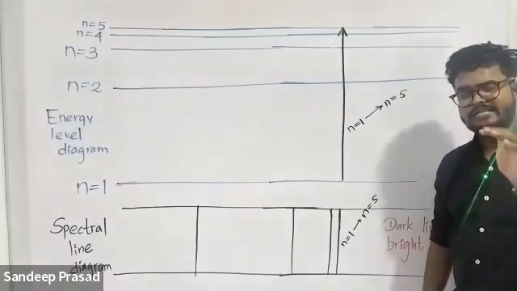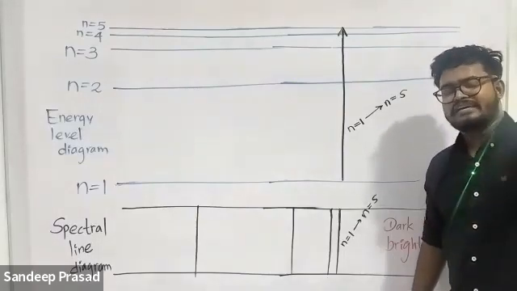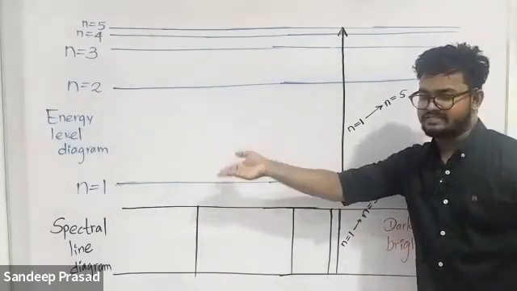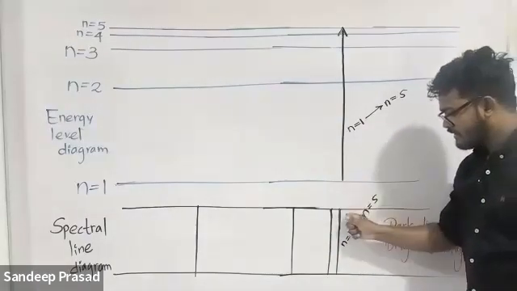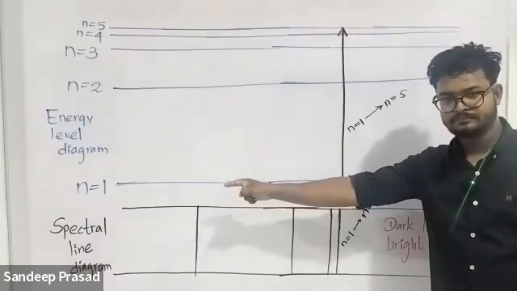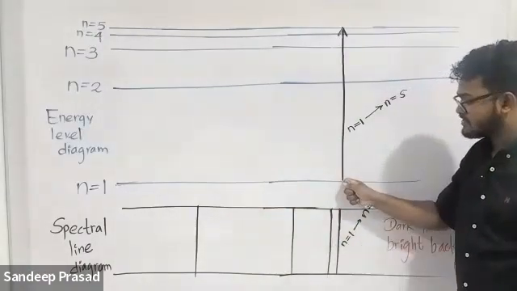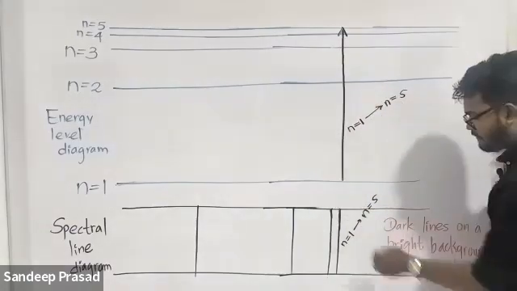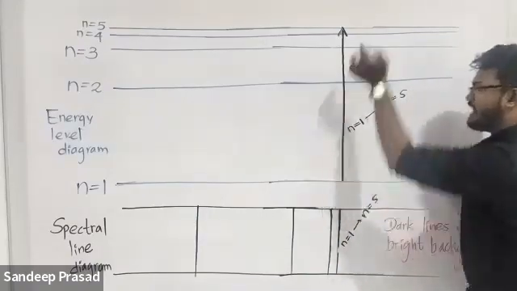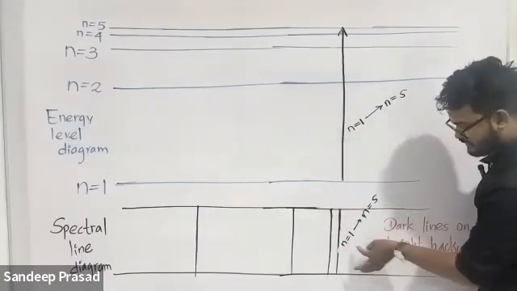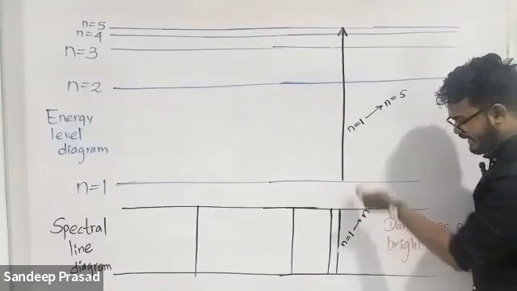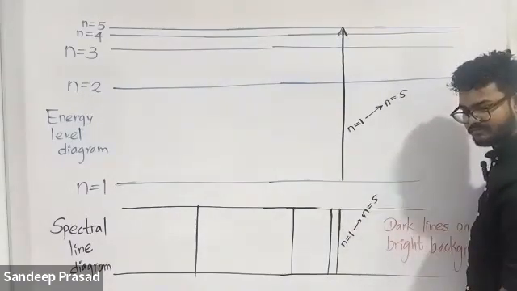We know that according to the Niels Bohr diagram, when the electrons are moving to the higher energy levels, they will absorb the energy. This is the spectral line you obtain in the spectral line diagram, corresponding to the electron transition from n equal 1 to n equal 5. This spectral line is representing the energy gap between n equal 1 and n equal 5.